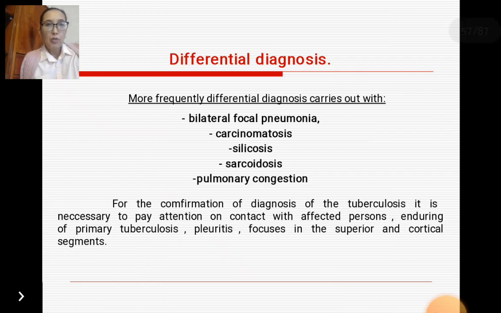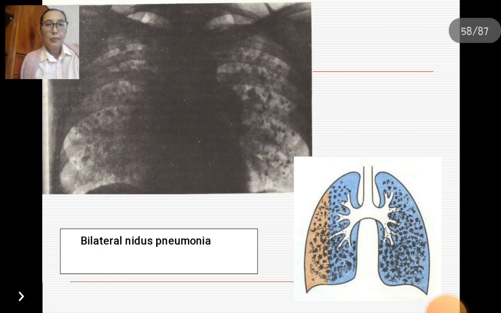Differential diagnostics. Most frequently, differential diagnosis is carried out with bilateral focal pneumonia, carcinomatosis, silicosis, sarcoidosis, and pulmonary congestion. For the confirmation of the diagnosis of tuberculosis, it is necessary to pay attention to contact with an affected person and to a history of primary tuberculosis, pleuritis, focuses of the superior and cortical segments.